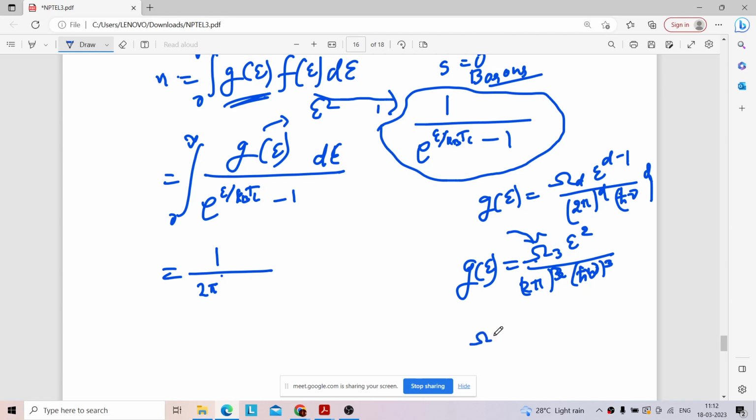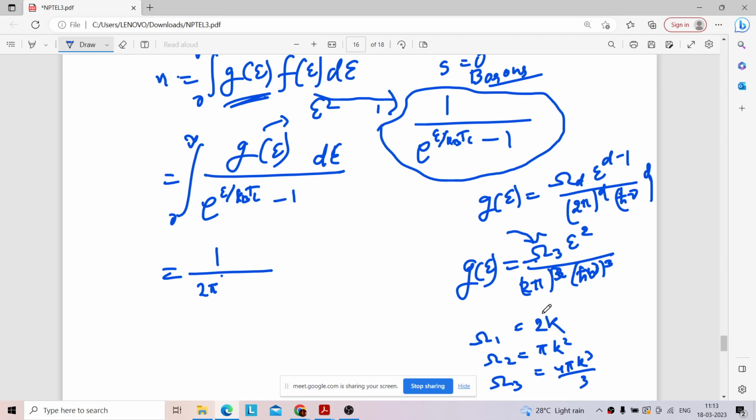Previously I told you gamma of 1 in k space was 2k, gamma of 2 was pi k square, gamma of 3 was 4 pi k cube over 3, I think.